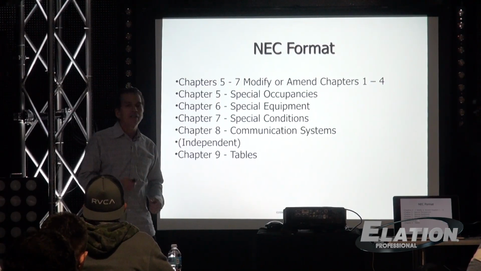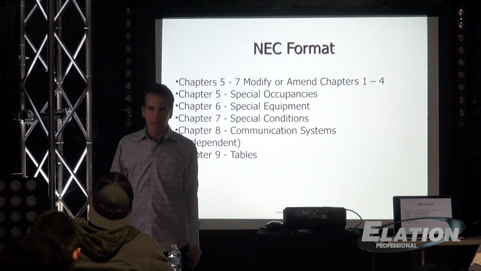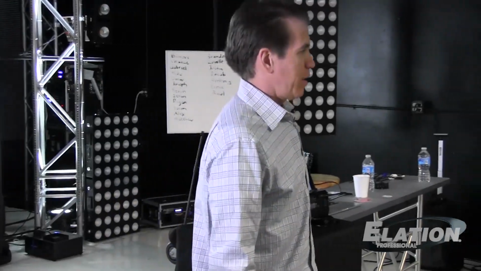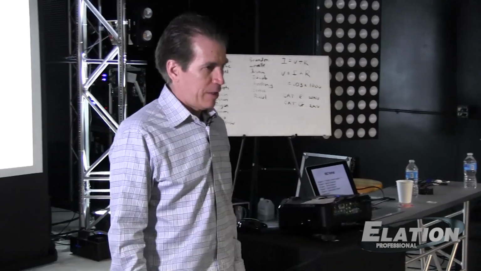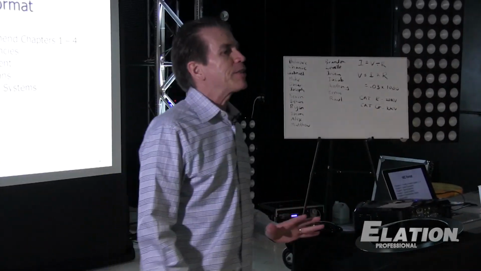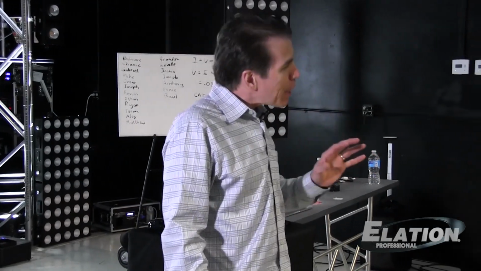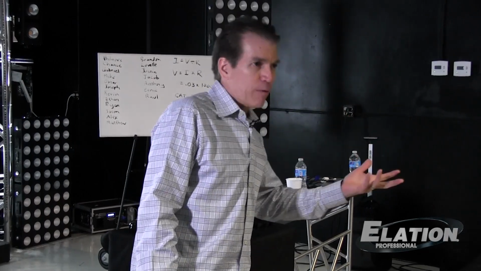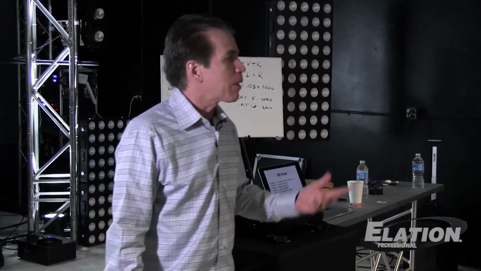Special occupancies like the theater, like a television studio, like a carnival, like a motion picture set. Those are all special cases, and in some instances there are exceptions to what it tells you in chapters 1 through 4, like the use of equipment outdoors that's not rated for outdoor use.